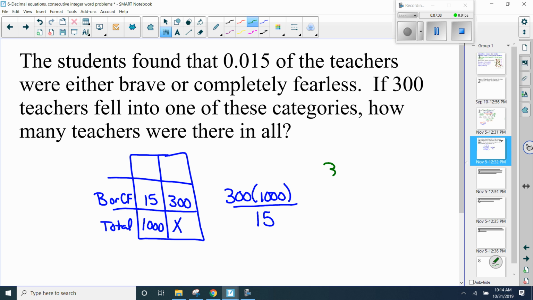So I'm going to take 300 and I'm going to divide by 15. 15 goes into 30 twice. So I end up with 20. And if I take that times 1,000, you get 20,000 teachers. Gotta make sure you know how to read the place value.